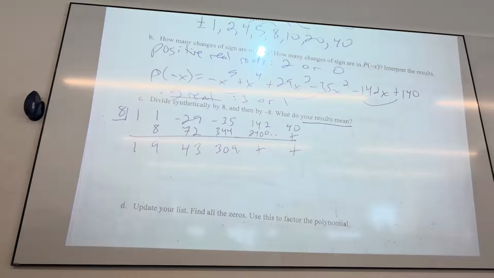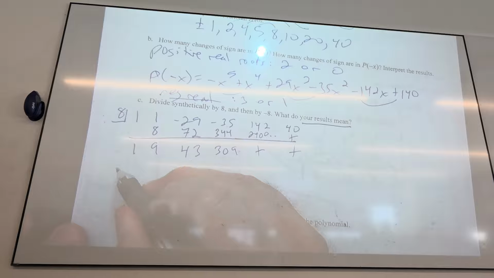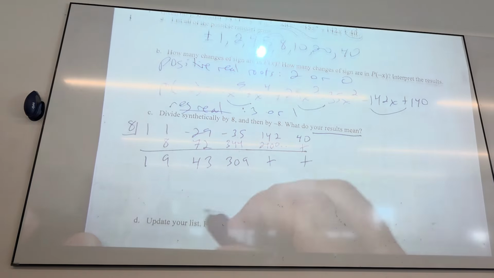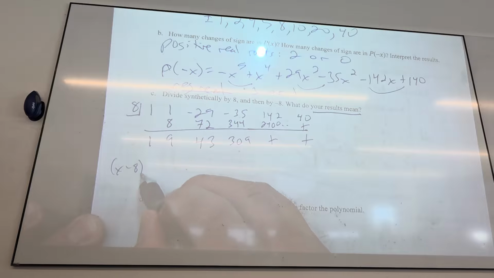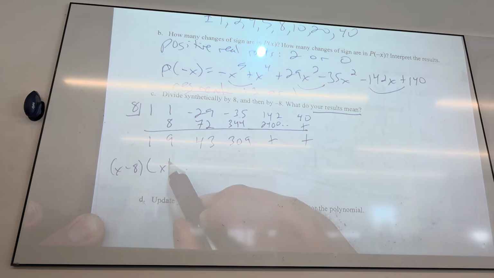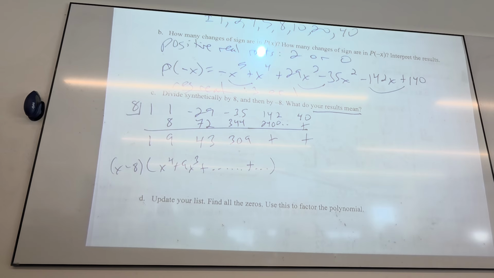I need you guys to see this. All right. So real quick, what did we just figure out? This is x minus 8 times x to the 4th plus 9x cubed plus, whatever, all positives, yes?